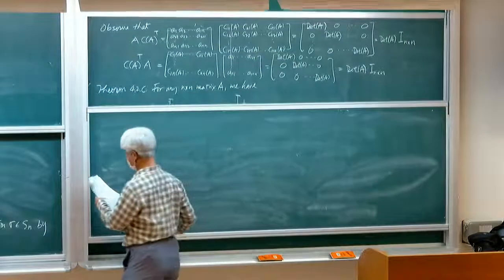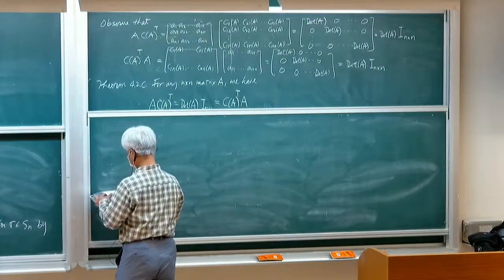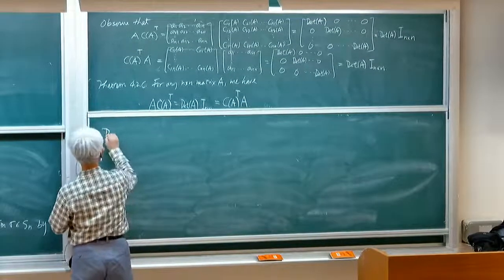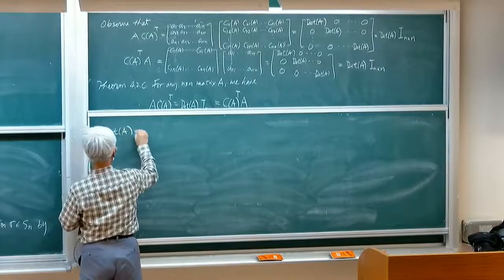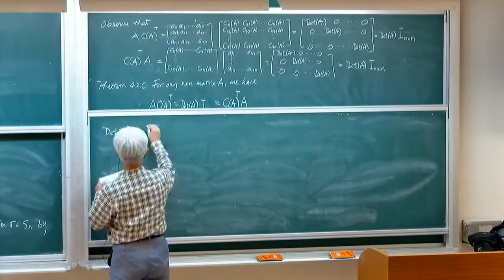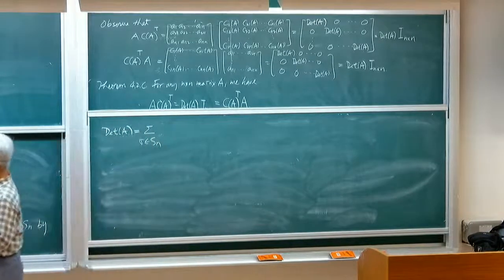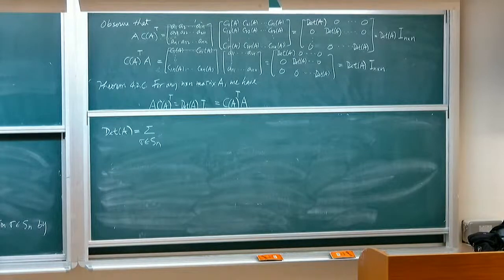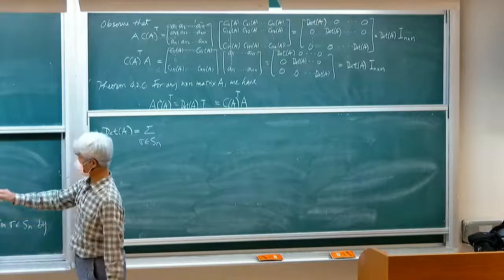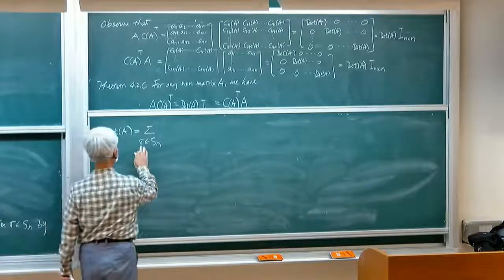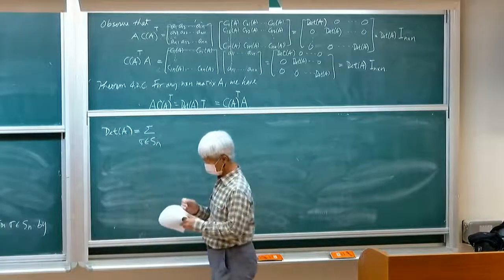Okay, so then the determinant of A becomes the summation over sigma in Sn. For each combination of i1, i2 up to in such that they are distinct, you define a permutation. The total number of such combinations will be all the permutations in Sn.